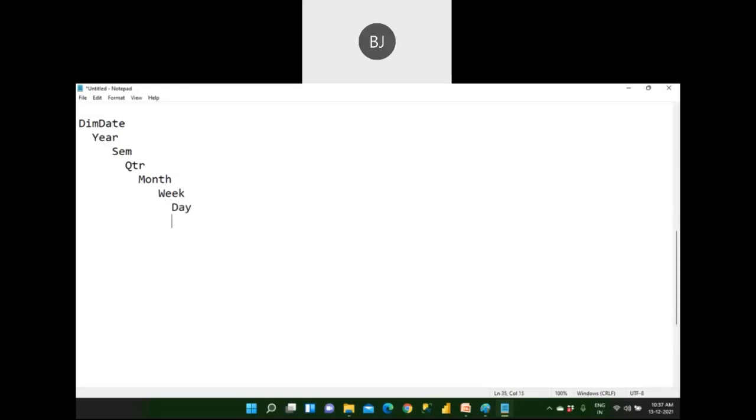After the day, you can have hour level data. After hour, minute level data. After minute, second level data. After second, millisecond data. After the millisecond, nanosecond data. Like that, we can go from year to the smallest unit.